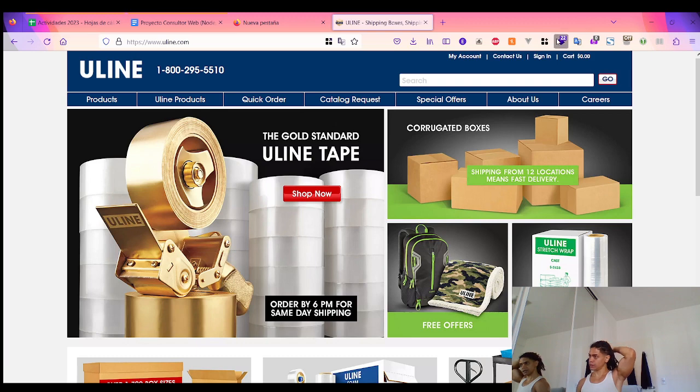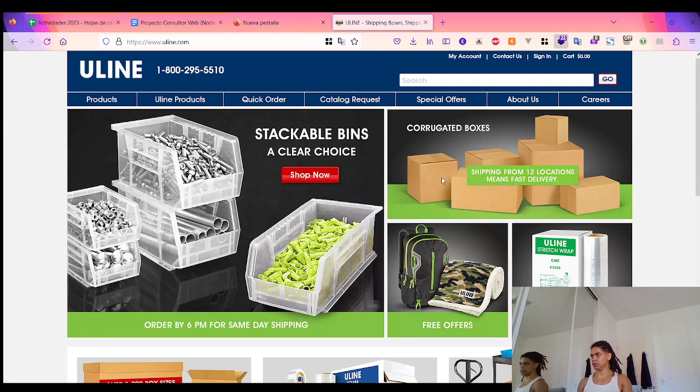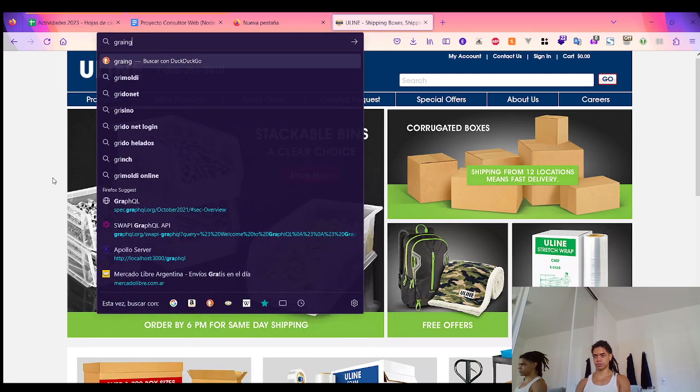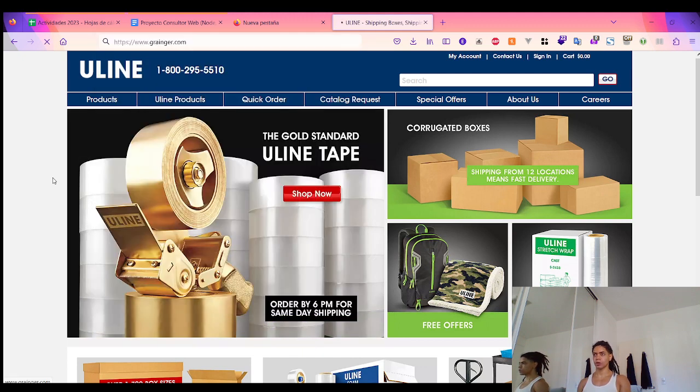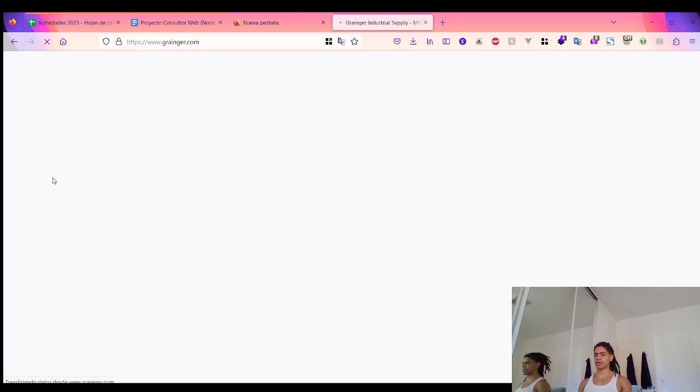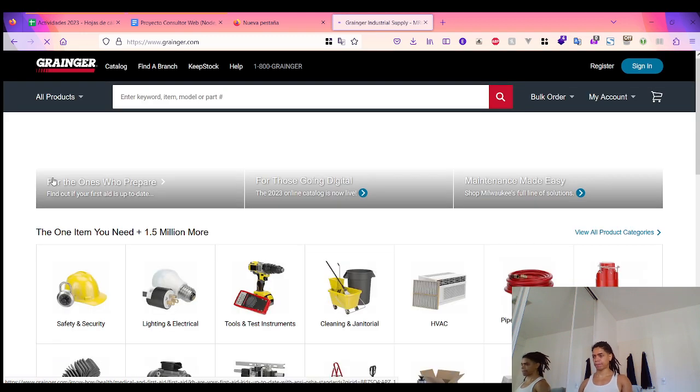And for other technology they use, Angular, of course, or Grainger, industry supplier, like this, right?